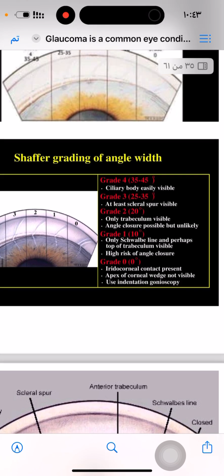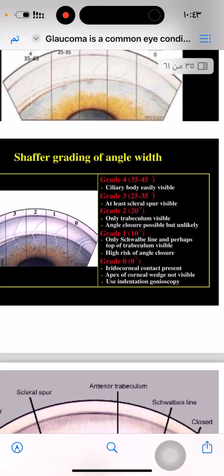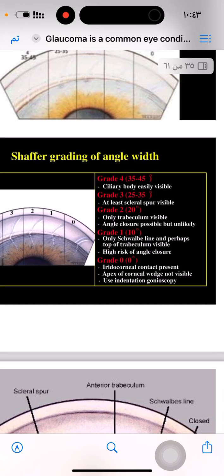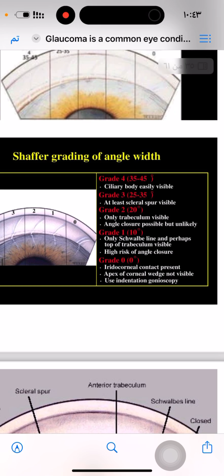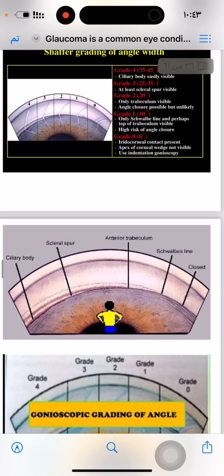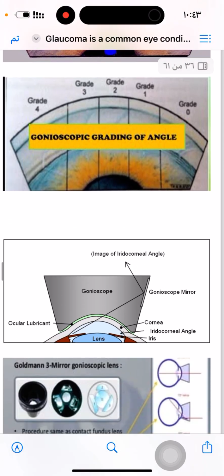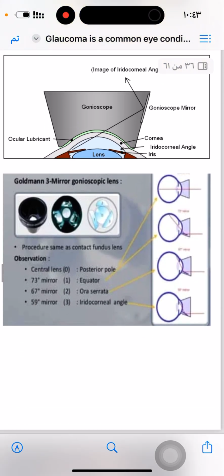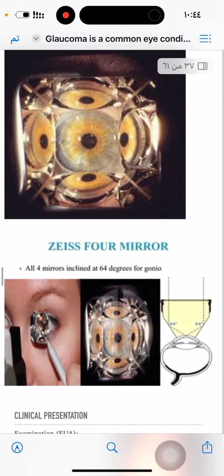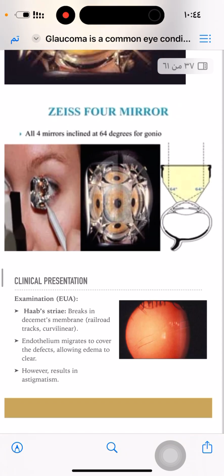Grade 1, high risk, nothing seen, just Schwalbe's line. Grade 2, only trabecular meshwork visible. Grade 3, at least scleral spur visible. Grade 4, ciliary body easily visible, as you see here. Ciliary body is for grade 4. Okay, types of mirror, and this picture shows the mirror inside this device, named the scleral spur mirror.